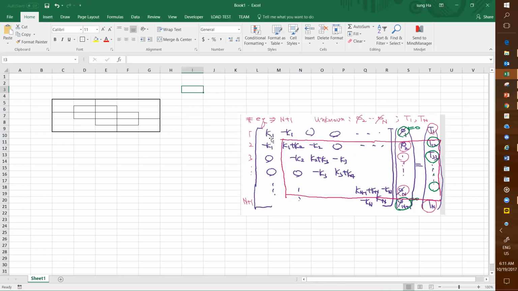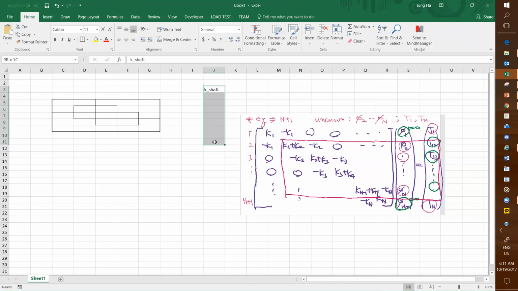See, for each one we have a K1. So let's say I will call it K matrix, okay? K shaft. So this will be K shaft 1, K shaft 2, and so on.